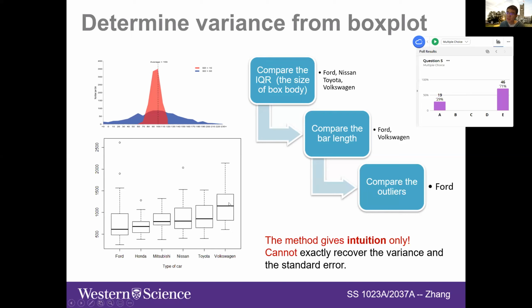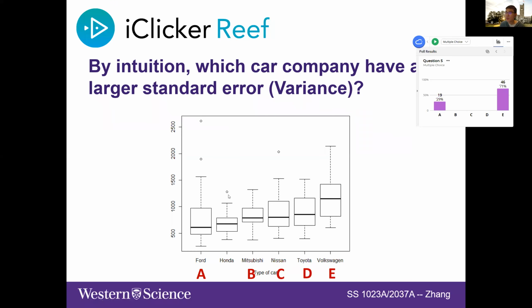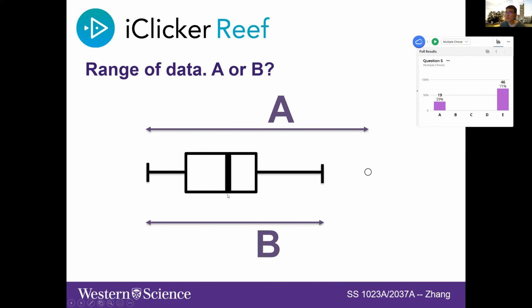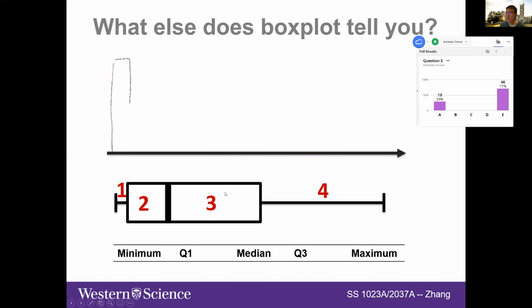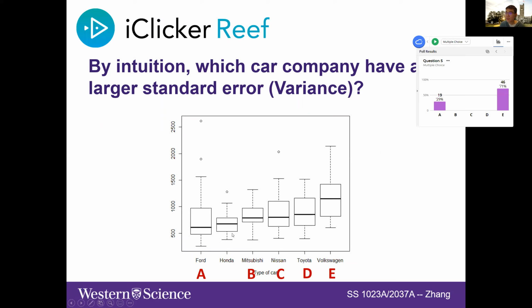We should expect that these two distances should also be the same. So let me see if I have an example. I guess so far I don't have a nice exact symmetry, but from these plots, I guess the Honda is the best, because this distance is pretty similar to this one, and this distance is also pretty similar to this one.